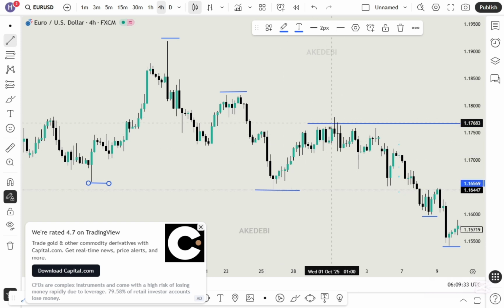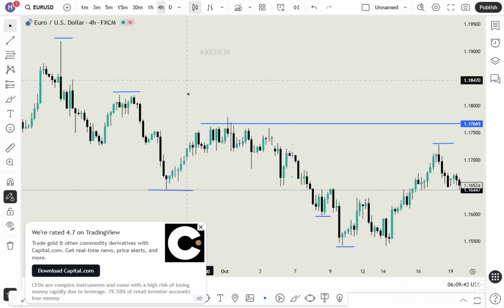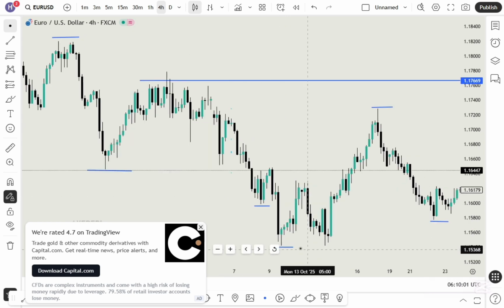Now this market here rallies down and takes out this sell stop liquidity and makes itself a sell stop. This one here rallies up again, breaks down, takes out the sell stop liquidity and makes itself a sell stop liquidity, because these are zones.